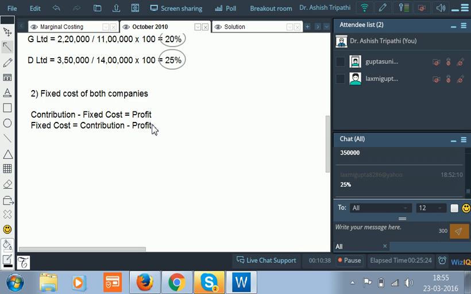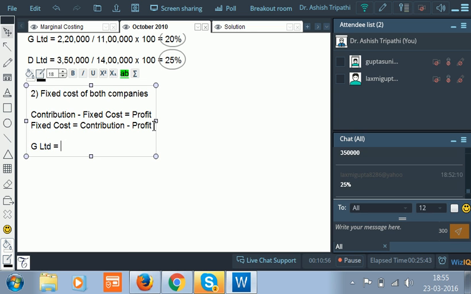Okay, so now let us try to calculate the fixed cost of both the companies. हम लोग सबसे पहले calculate करेंगे for G Limited. So let us calculate for G Limited. G Limited का contribution कितना? 2,20,000.